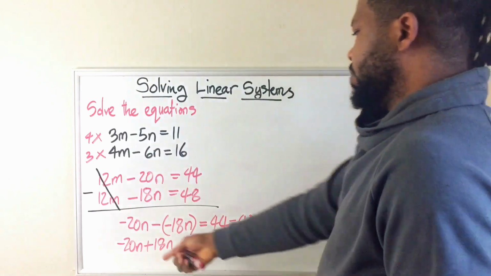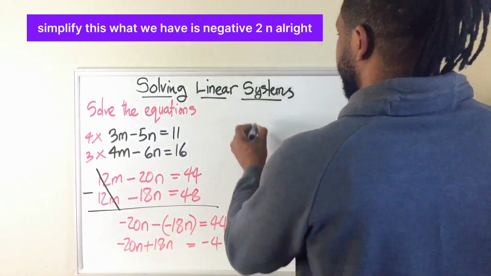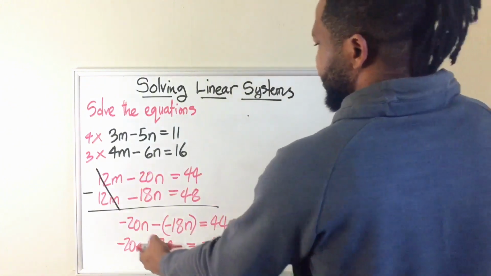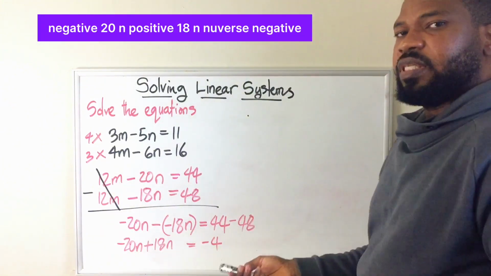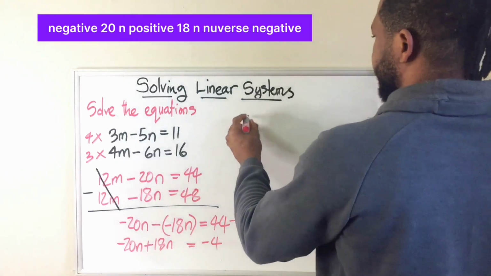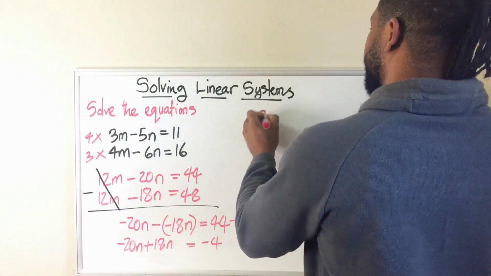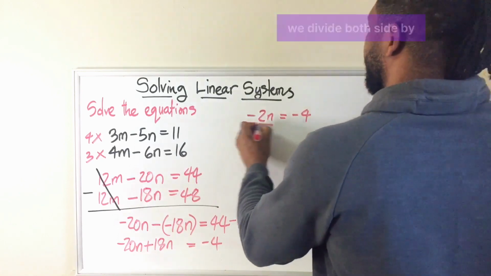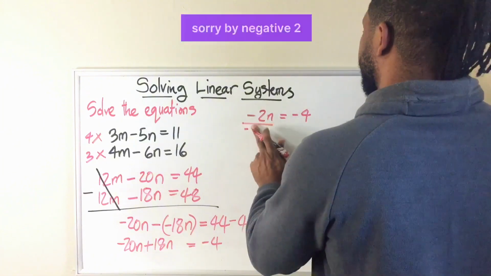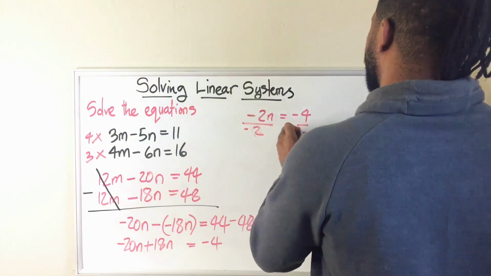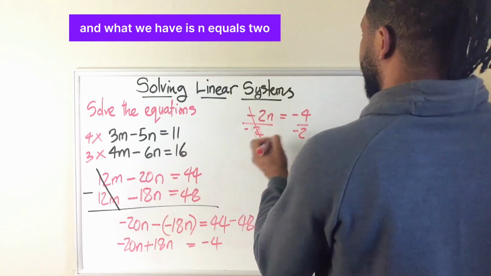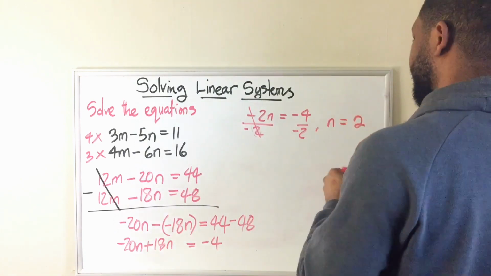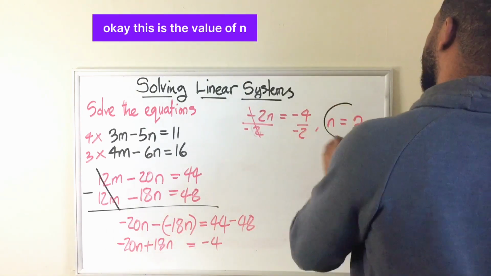Simplifying this, negative 20n plus 18n gives us negative 2n, and this equals negative 4. We divide both sides by negative 2, and what we have is n equals 2. This is the value of n.